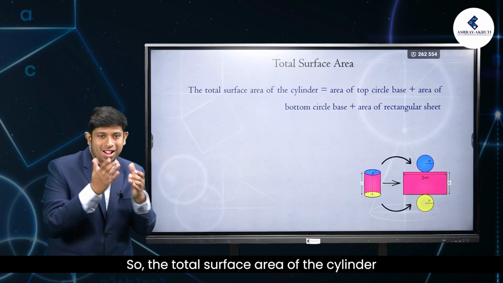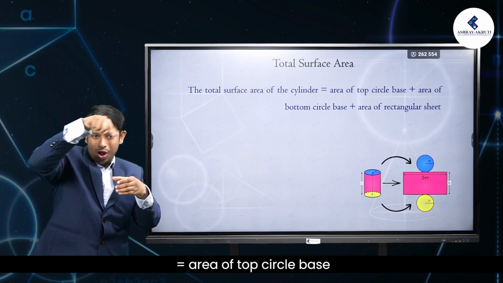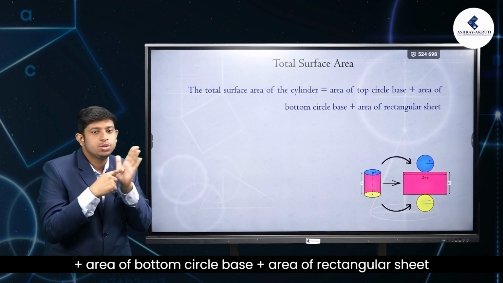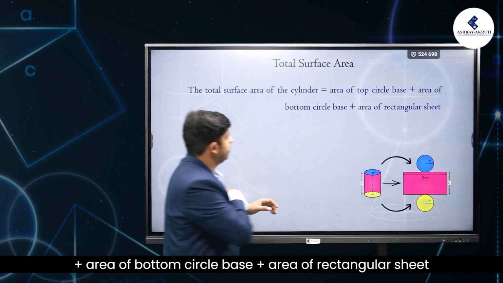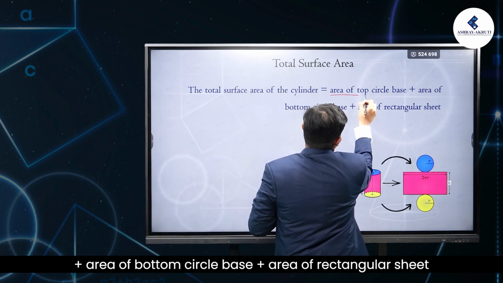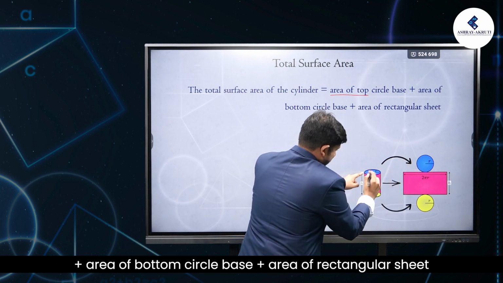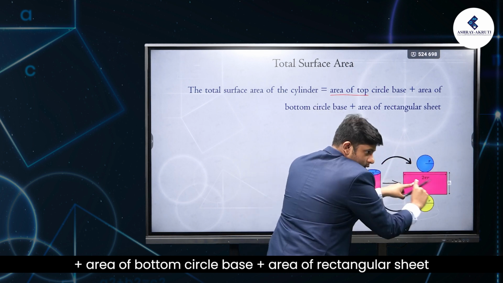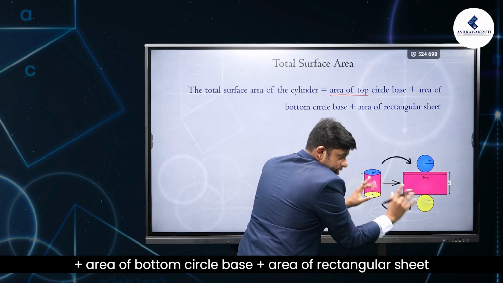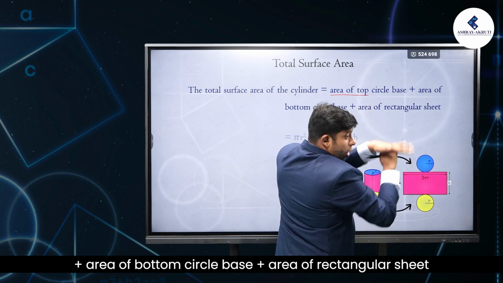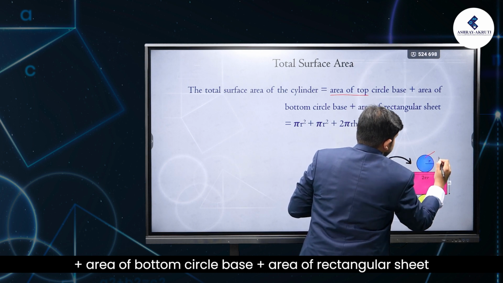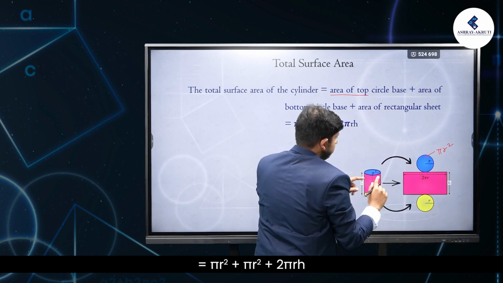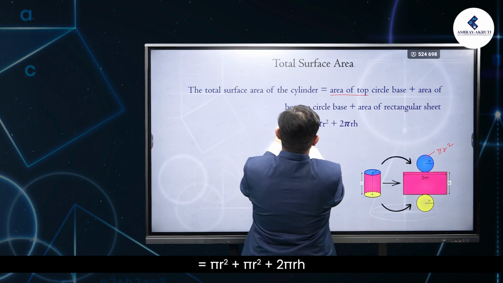So, the total surface area of the cylinder is equal to the area of the top circle base plus the area of the bottom circle base plus the area of the rectangular sheet. That is equal to pi r square plus pi r square plus 2 pi r h.